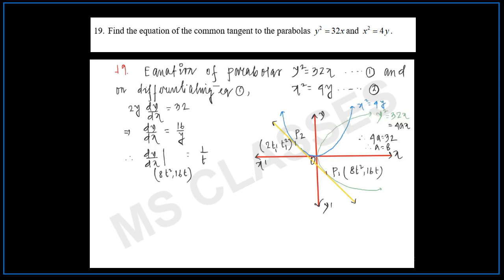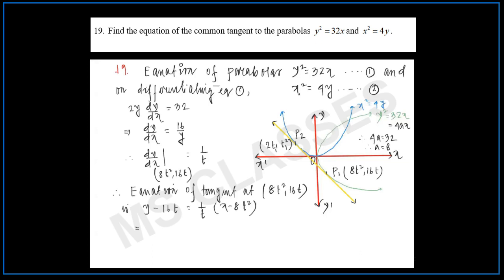Therefore, equation of tangent at (8t square, 16t), that is at P1, is y minus y1 equal to m into x minus x1.